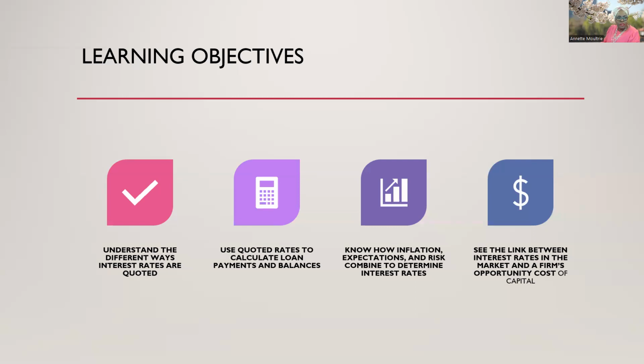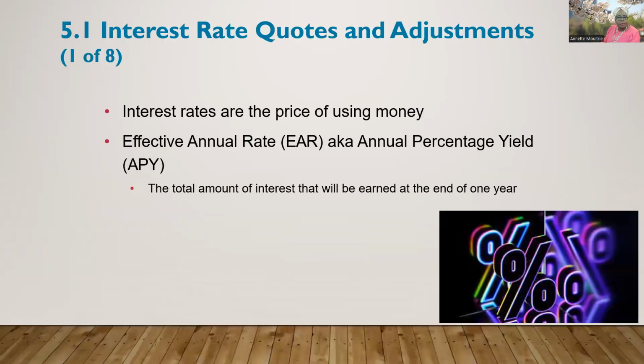The learning objectives of chapter 5 are: understand the different ways interest rates are quoted, use quoted rates to calculate loan payments and balances, know how inflation, expectations, and risk combine to determine interest rate, and also see the link between interest rates in the market and a firm's opportunity cost of capital.